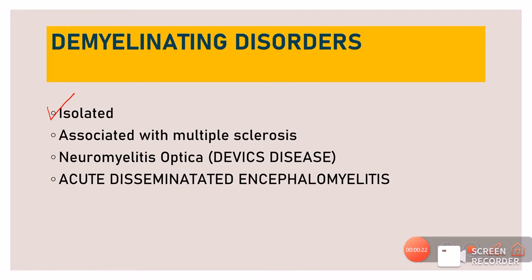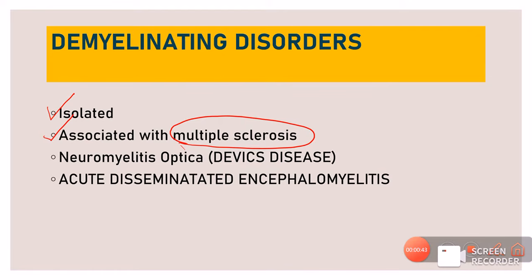Now, it can also be associated with multiple sclerosis, which is the most common association. What I mean to say is, whenever there is an episode of optic neuritis, the first thing that most physicians will think of is the presence, probability, or risk of developing multiple sclerosis in a patient, right?